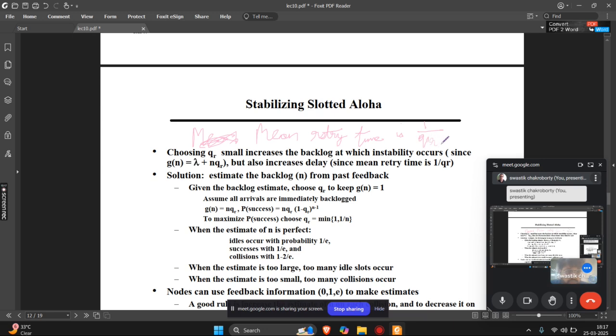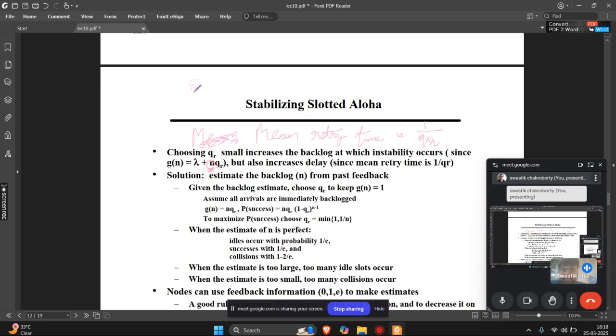QR is the rate at which the sender reattempts sending the packet. So we will estimate the backlog n, and somehow try to estimate the value of this n. Once we have estimated n, we will choose QR such that G_n is equal to 1.